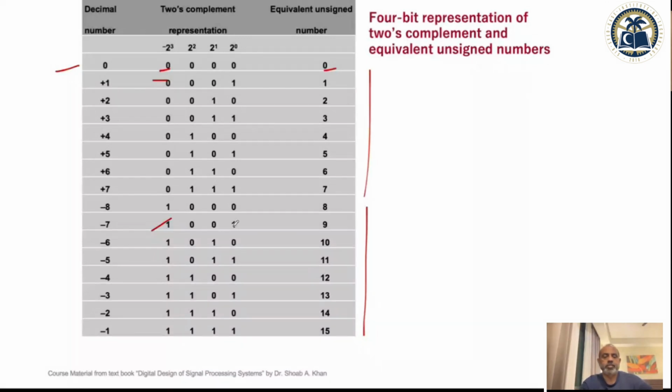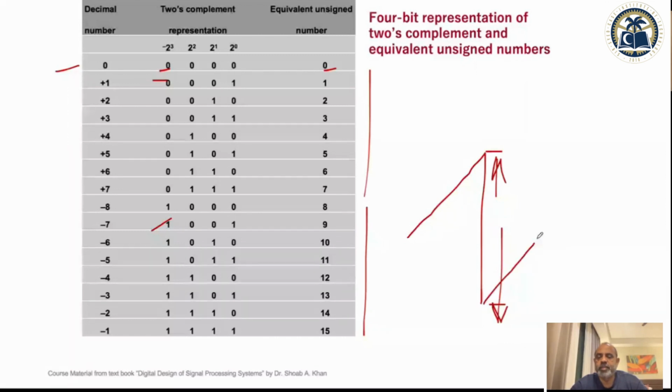So you have 1000 as -8, then -7, -6. And this is another problem. Counting will start from 0, 1, 2, 3, 4, 5, 6, 7, and once it is 8, actually it is -8. Overflow has a big penalty, because adding 1 to 7 will go to -8, and then it will go -7, -6, and so on.